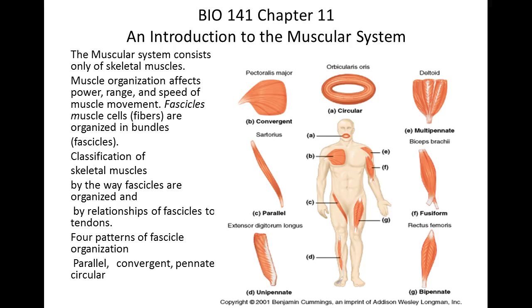Circular is like the sphincters, which open and close, guarding the openings of the body. You can think of your orbicularis oris, like your mouth. Not so much the muscles that cause your jaw to open and close, but more what they say in lab, the kissing muscles. Or they actually say that in lecture. I'm saying it now too.